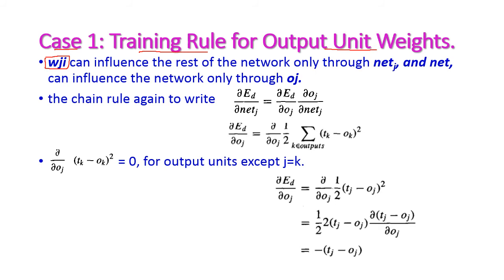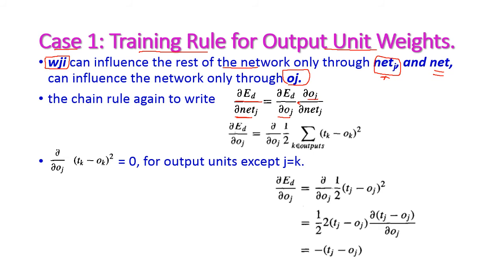It can influence the rest of the network only through net j, that we know very well, and net j can influence the network only through oj. Hence we have to apply the chain rule with the value oj. So this equation will be rewritten by including the chain rule, doj here and doj here.